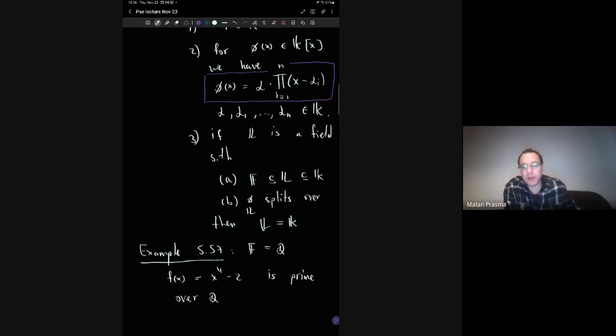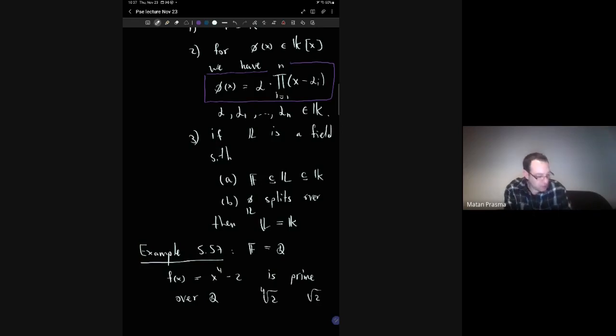There are different ways to check it. But for example, it's very easy to see that you cannot have any root of f over the rationals, because a root of f would be the fourth root of 2, something like that, right? And the fourth root of 2 is not a rational number. We showed that the square root of 2 is not a rational number, and in similar ways you can show that also the fourth root of 2 is not rational.